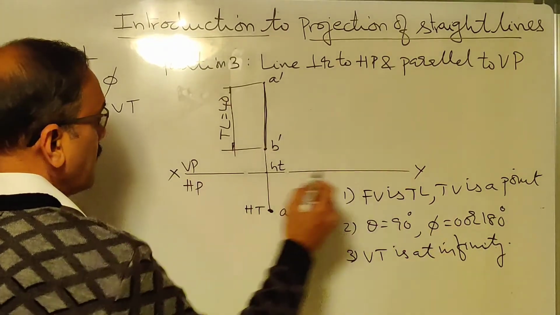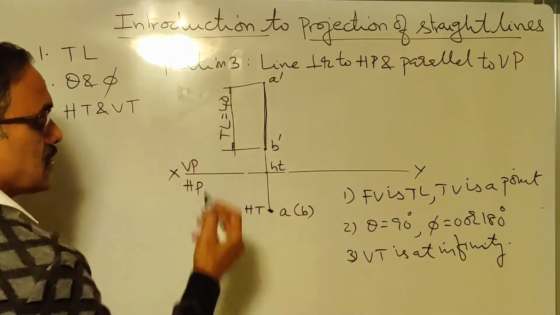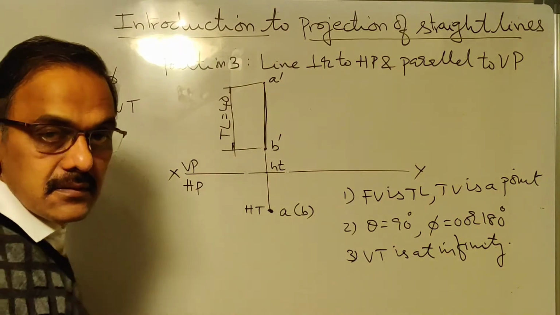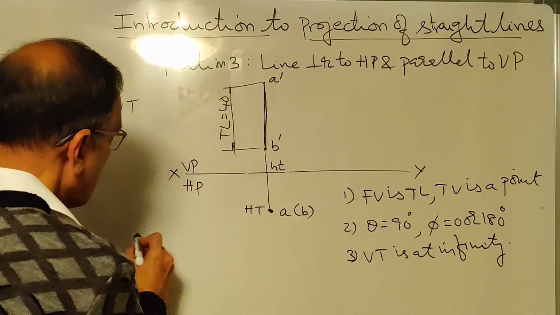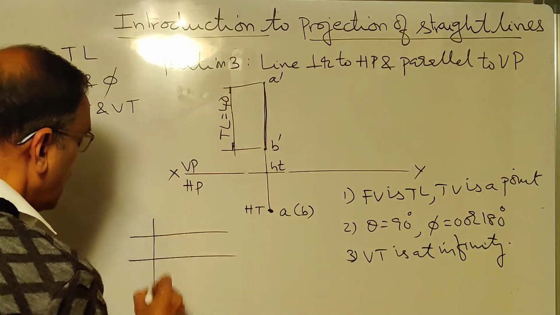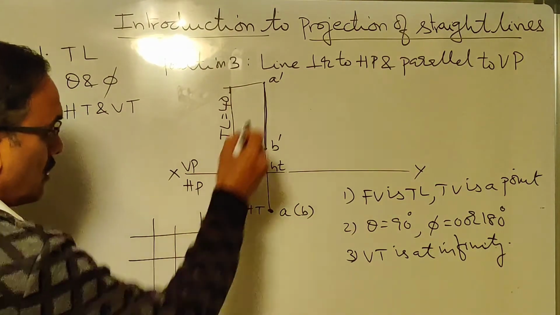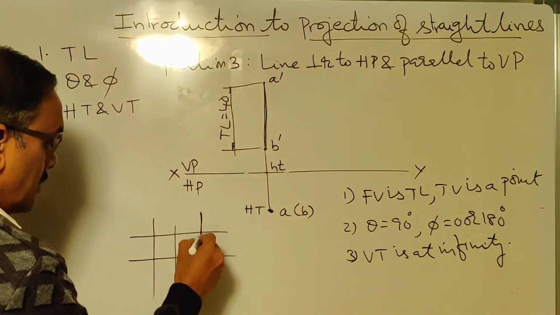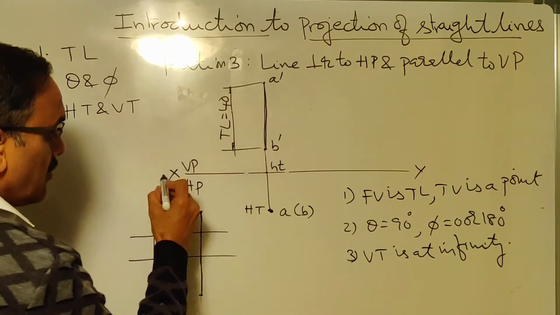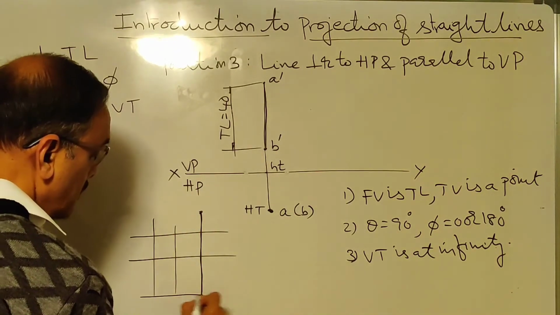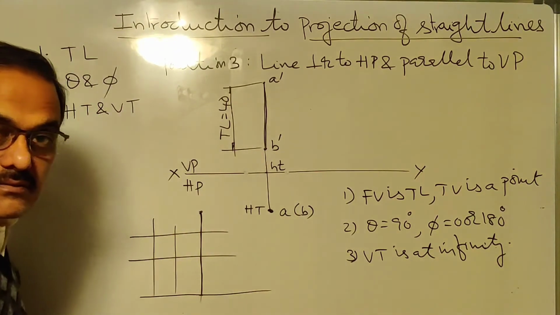XY line is a light line. The dimension line is also a light line. And when you are drawing this projector, if this is the graph sheet that you have, draw this line coinciding with the line that you have here. Better that way. Even your XY line, also make it coincide with the line on the graph sheet.